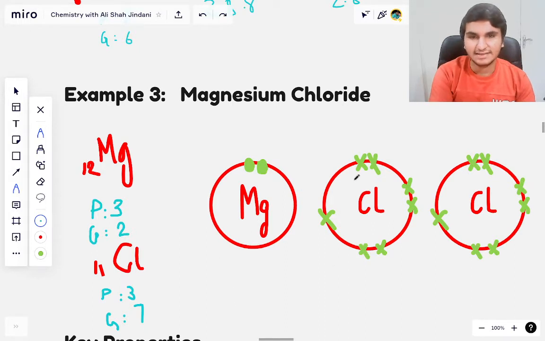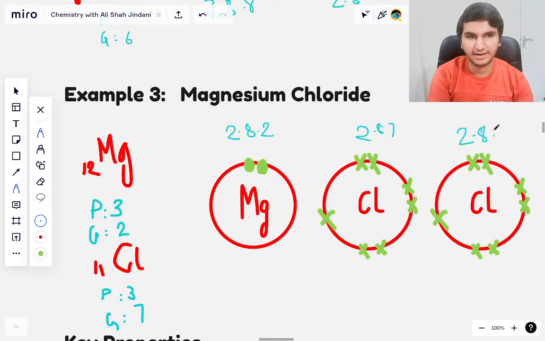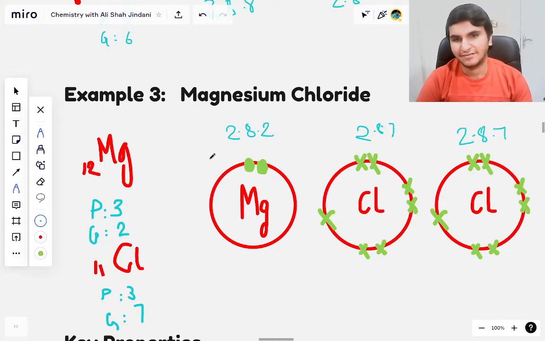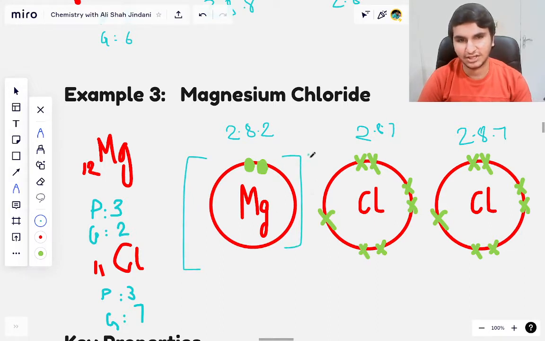In this case, with the magnesium, again we are going to work this out. Before the transfer we had 2, 8 and 2 for magnesium, and for each chlorine we had 2, 8 and 7. After the transfer has taken place, magnesium gets a charge of 2 positive.